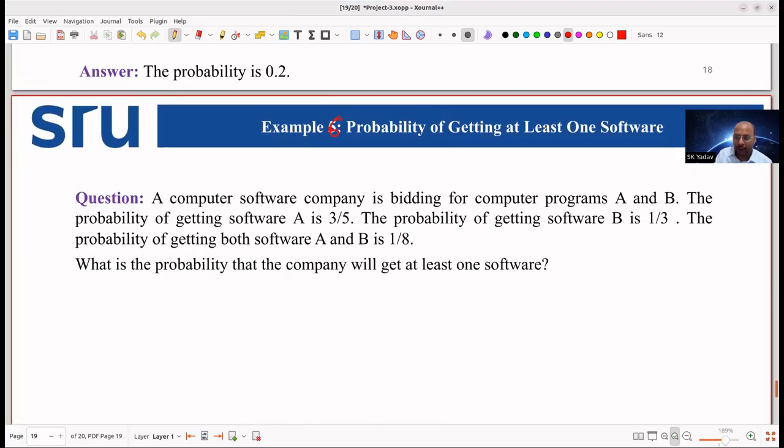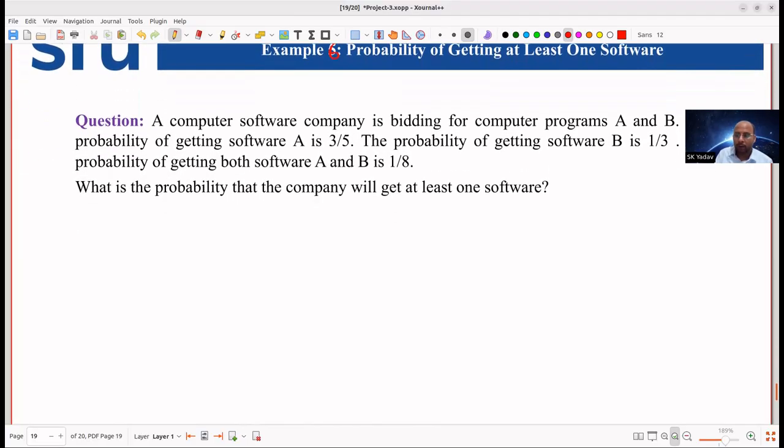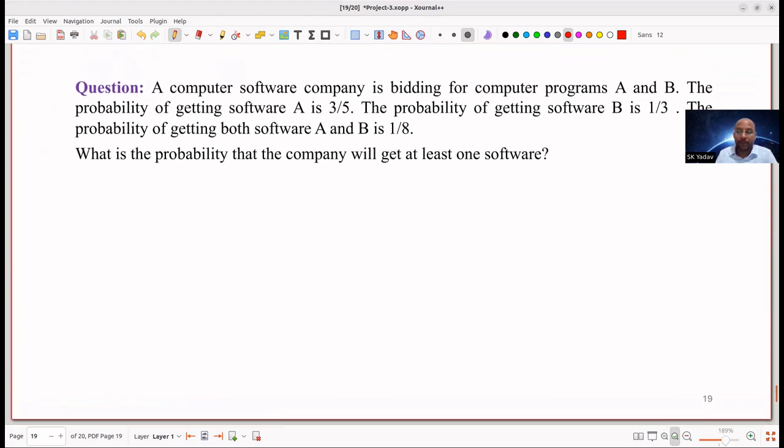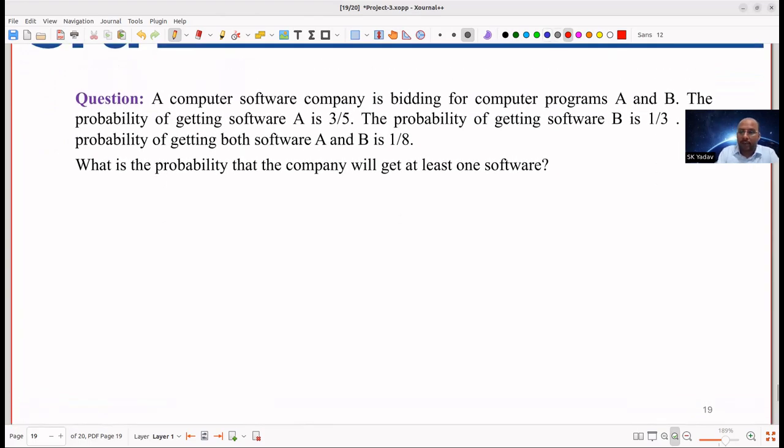So this is how you can apply the basic axioms of probability. Let us summarize it. In summary, first you have three axioms. The first one is that the probability of any event is zero or positive.